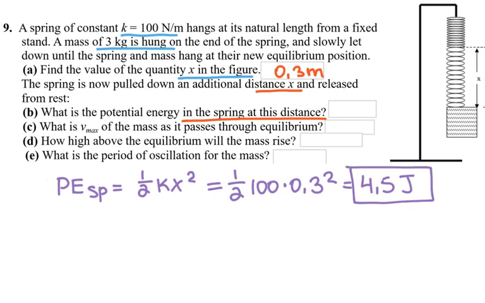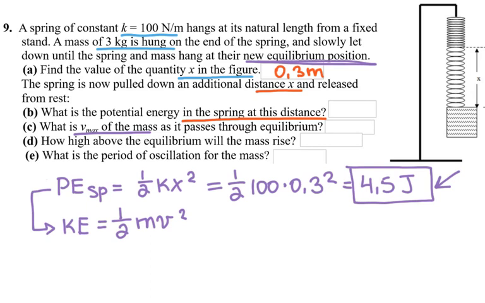And then for the next one, find the maximum velocity of the mass as it passes through the new equilibrium that they reached. So the potential energy is going to go to the kinetic energy. So the kinetic energy of the mass is going to be the maximum mechanical energy that we found, which is 4.5. So 1/2 m v maximum squared is equal to 4.5.